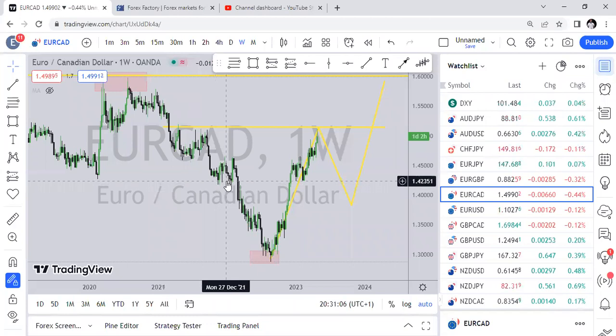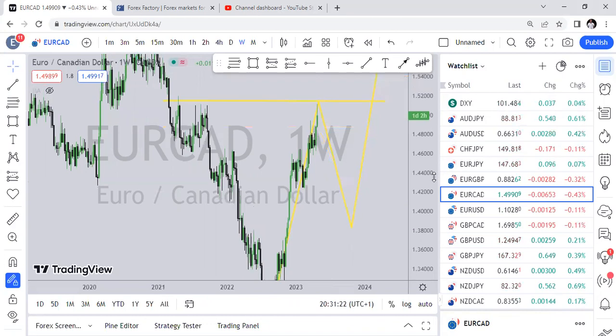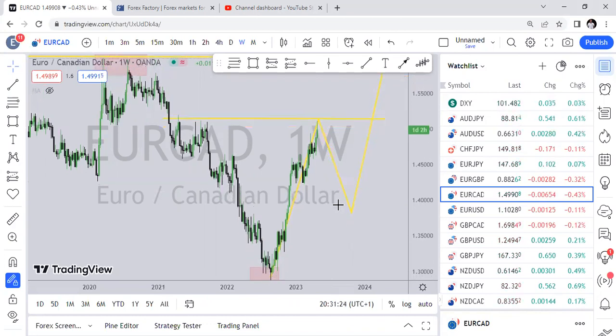So most of them are still holding on to their orders, believing that the market is going to go down more. So though from what we are seeing in the weekly, we are expecting that there should be a retracement, there should be a pullback.